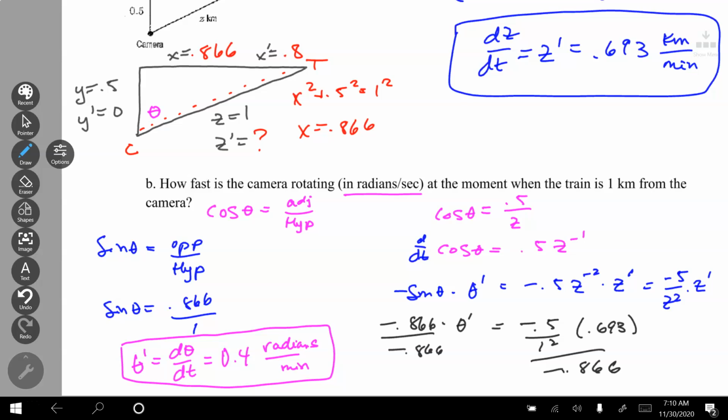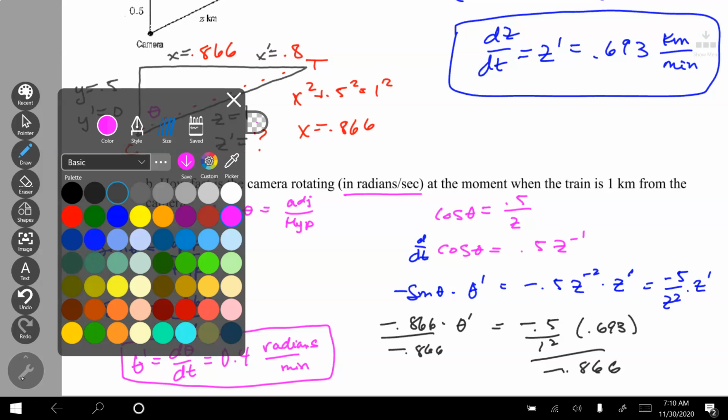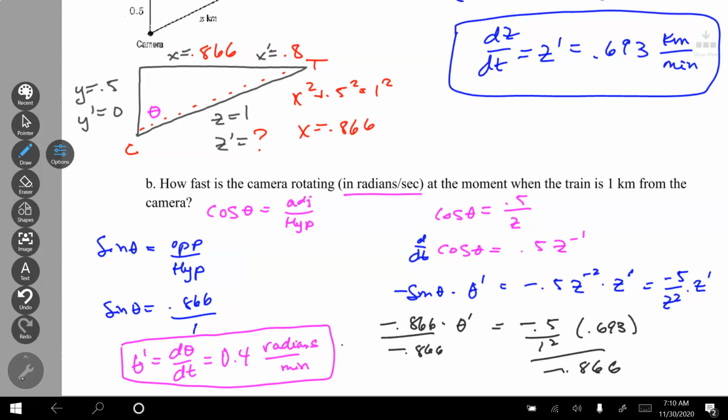If you want to convert that to degrees, I would multiply by 180 over pi, and it's about 23 degrees per minute. That's how fast the camera is rotating.